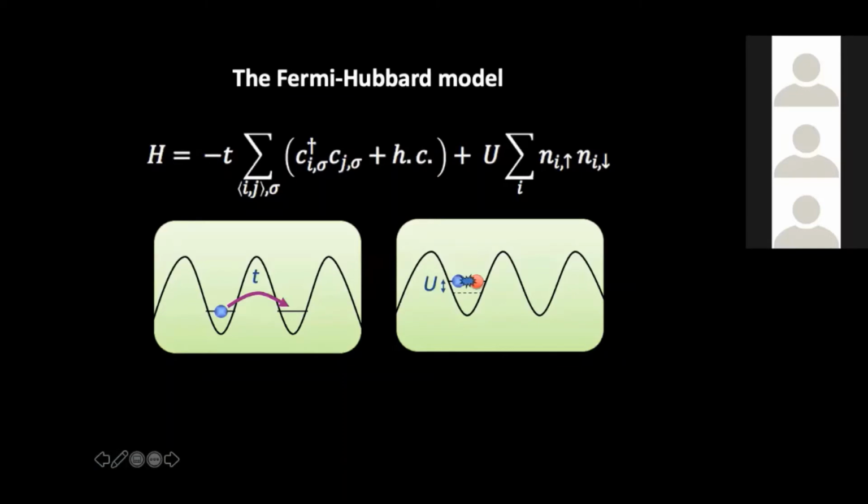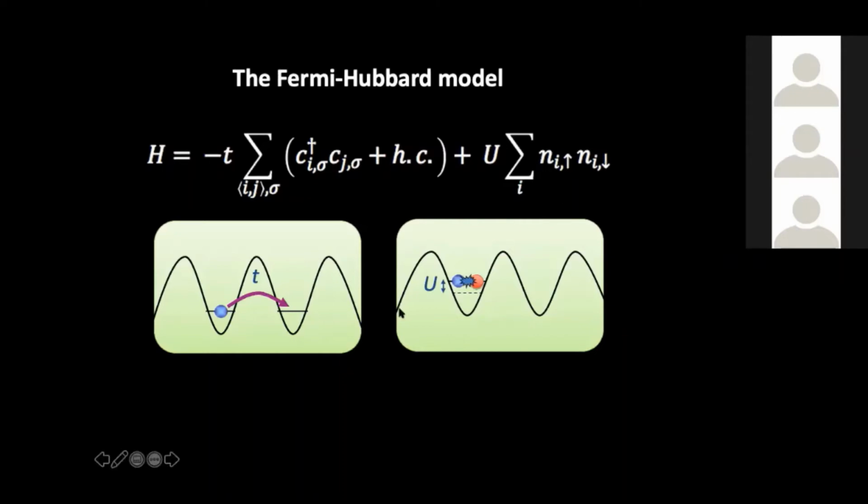So that's the platform. And now we'd like to study some physics with it. There's an enormous amount of physics you can study with these systems, depending on how much you want to engineer them. But the natural physics that comes out, if you don't want to add additional ingredients, is the physics of the model called the Fermi-Hubbard model.